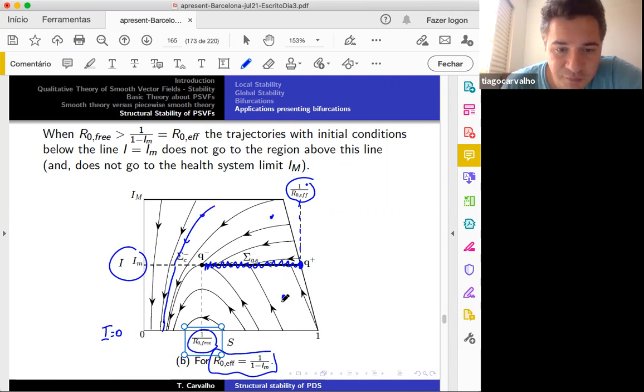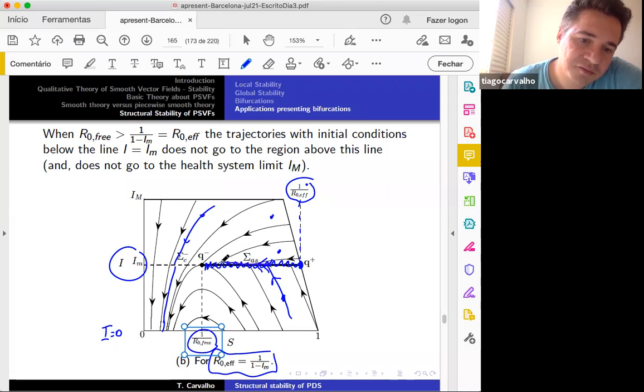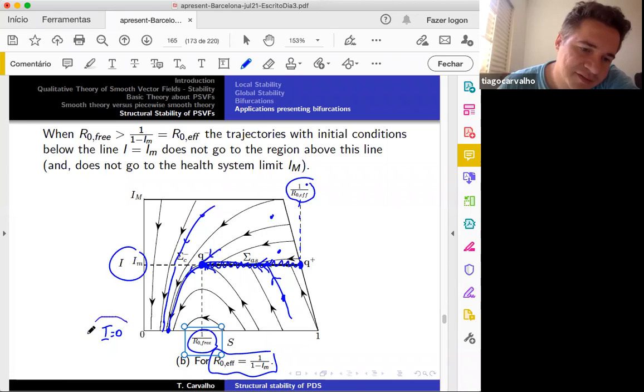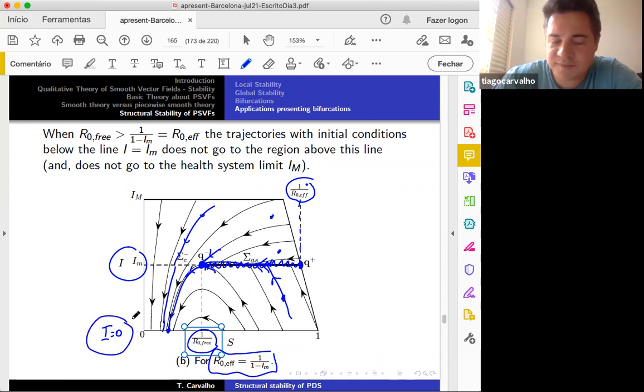If we have a point here, the trajectory will reach the sliding region and follow the sliding vector field until this tangent point, which corresponds to a fold regular point, just like we saw in the theory, and it will reach the x-axis at this point, where there are no infected individuals.